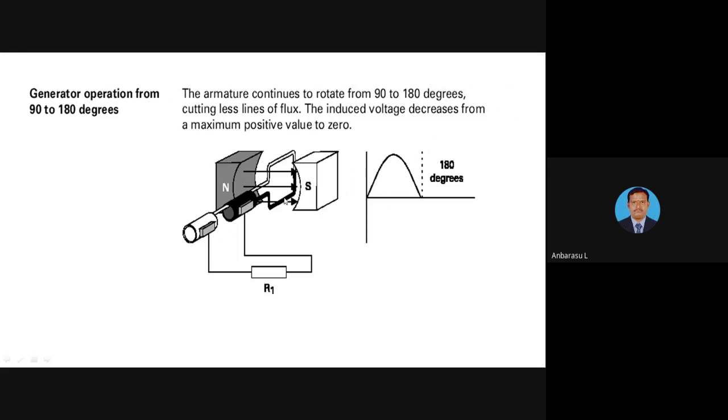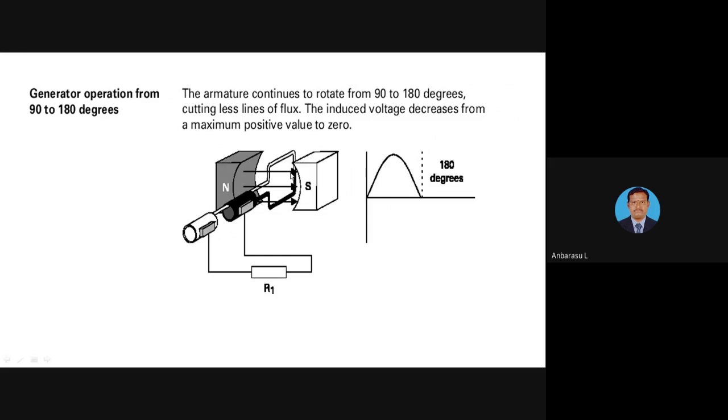Then another 180-degree rotation. The black color conductor is in the downward direction and the white color conductor is in the upward direction. When we rotate the black color conductor through another 180 degrees, what happened? This black color conductor is moved towards the north pole.